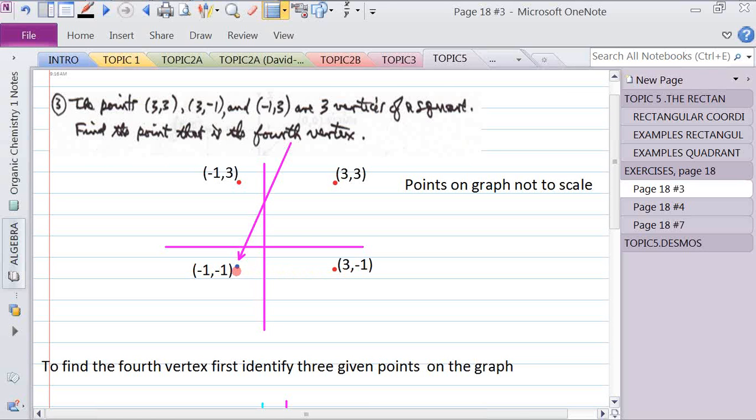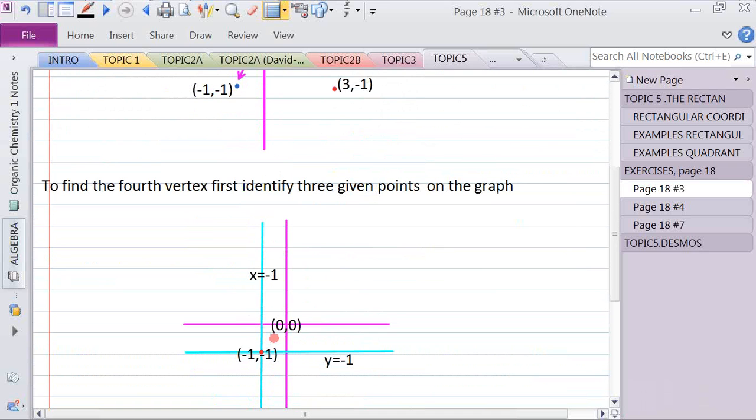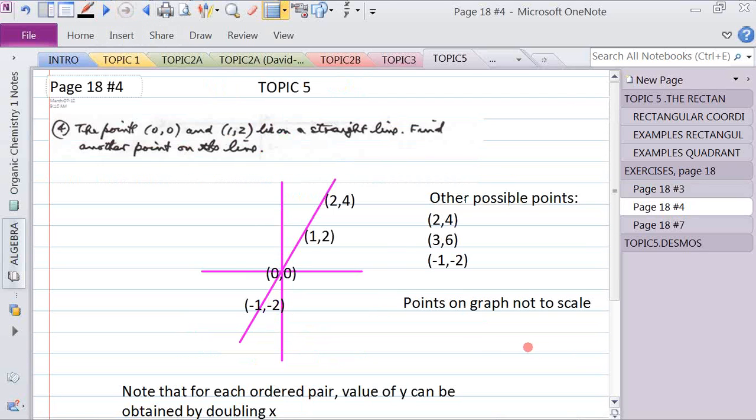Here y is minus 1. Here the x is minus 1. This would be this here. So I've drawn this right here. Here's the origin right here, 0, 0. So y minus 1 and x minus 1 would be the coordinates of the fourth point.